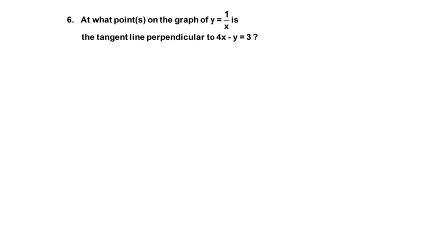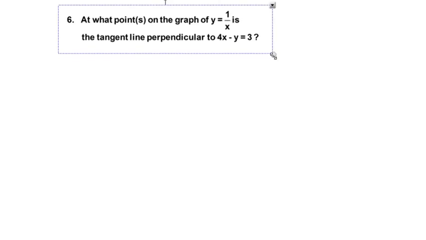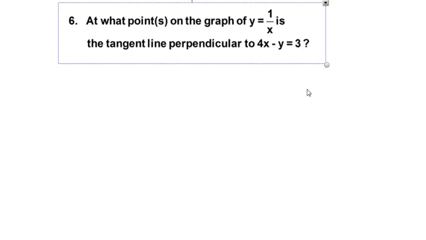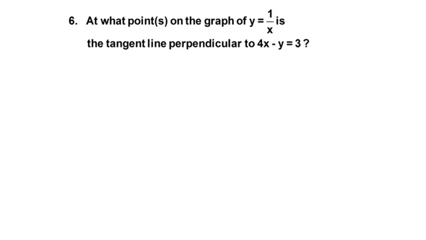Next problem we're going to look at is problem 6. It says one point on the graph of y equals 1 over x is a tangent line perpendicular to 4x minus y equals 3. It's going to be similar to problem 4, really, in that we're going to take this equation, 4x minus y equals 3, and solve it for y.